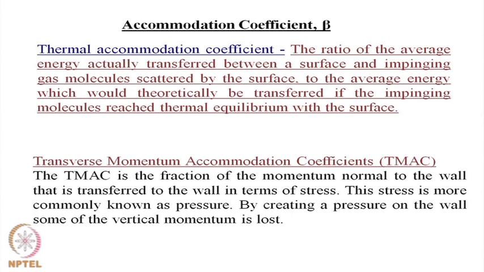So, obviously, the value of beta in many cases will be less than 1, and the impinging molecules will reach thermal equilibrium with the surface only if the time of collision is long. In rarefied systems, in systems at low pressure, or where the Knudsen number is large, there is a possibility that such equilibrium will not be reached, and therefore that fraction is called the accommodation coefficient.